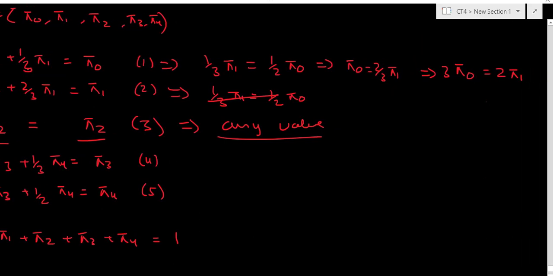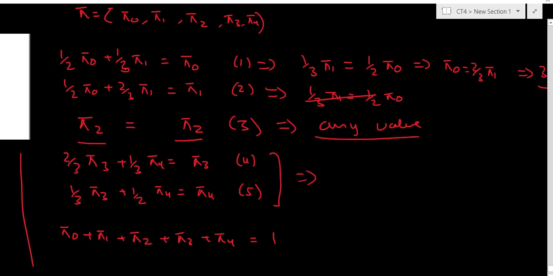This one would be in this ratio, and the last two, if I see, again they are a repetition of each other. Okay, they lead to the same result, so I'm just eliminating one and keeping one, which would give you that 1 by 3 pi 3 would be equal to 1 by 3 pi 4, which would imply that pi 3 is equal to pi 4.